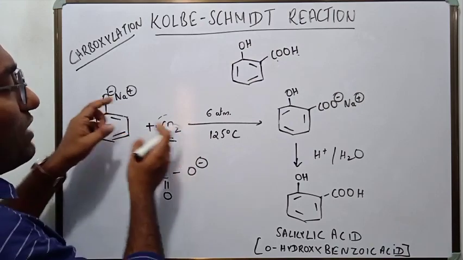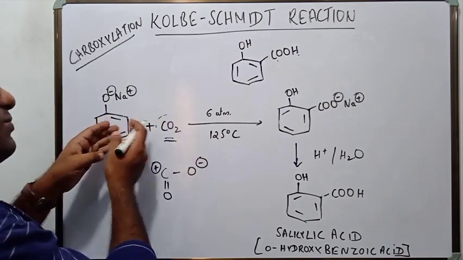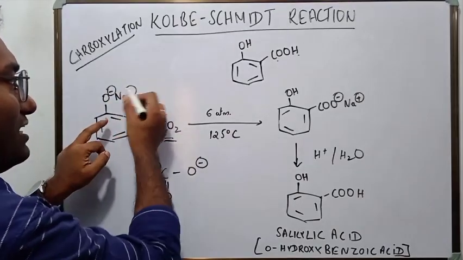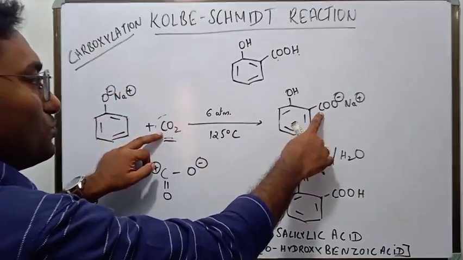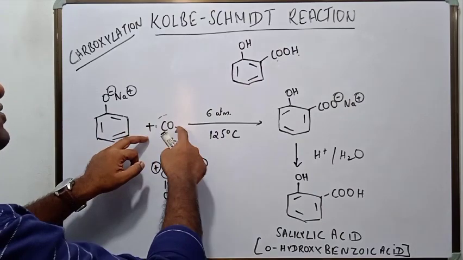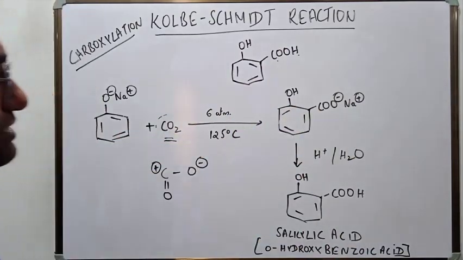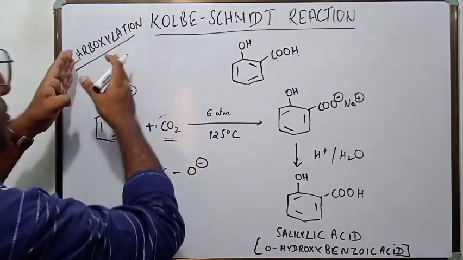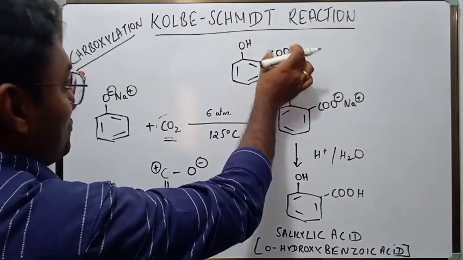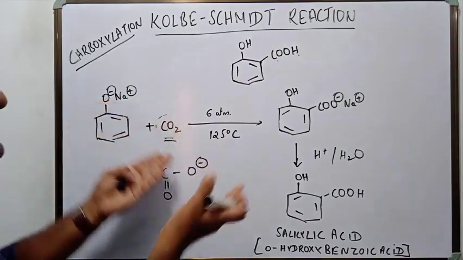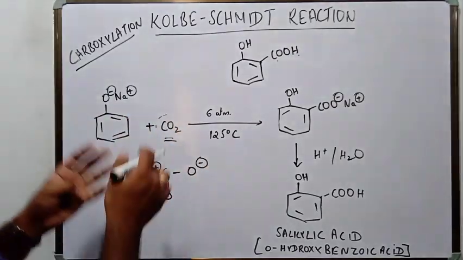Carbonation means addition of carbon dioxide. It involves carbonation of the sodium phenoxide ion at the ortho position. It is called carboxylation because of the introduction of the COOH group, and carbonation because carbon dioxide gets added to it. So these are the 2 points.